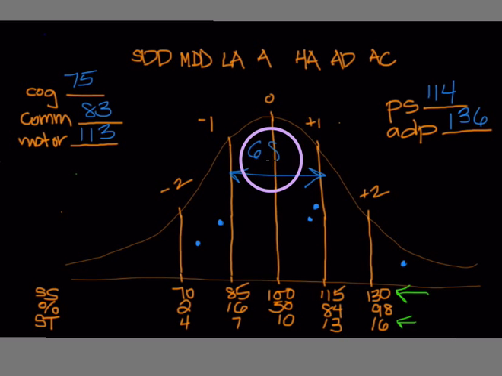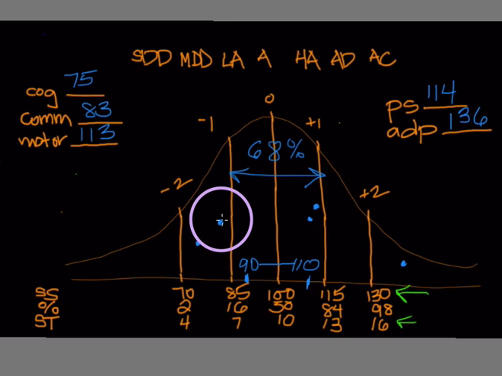So we'll just put 68% right there. And about, well, not about, but 50% of our scores fall between a standard score of 90 and 110. So that's helpful to keep in mind as you're putting these scores in context.